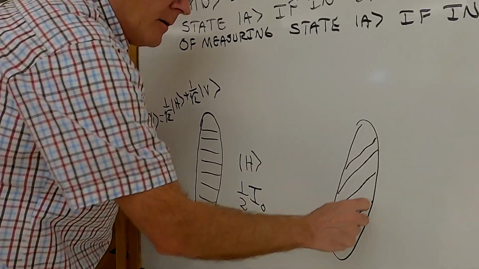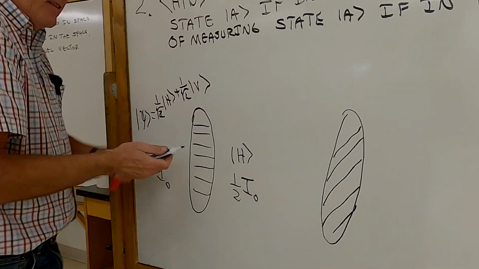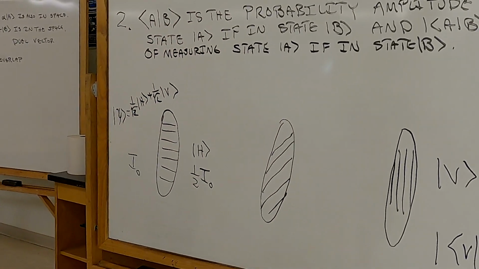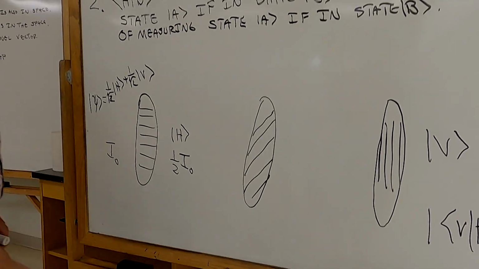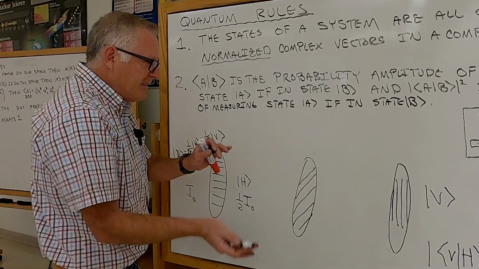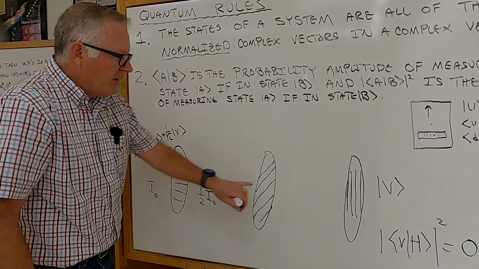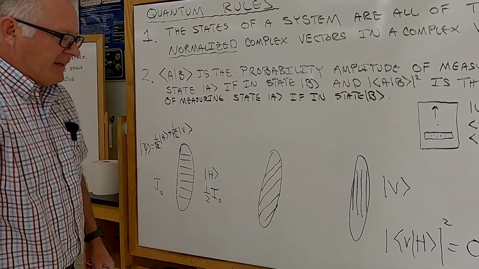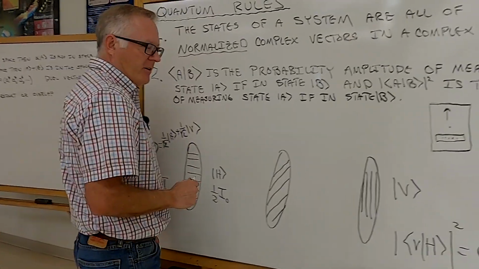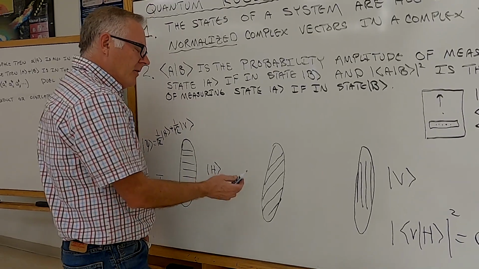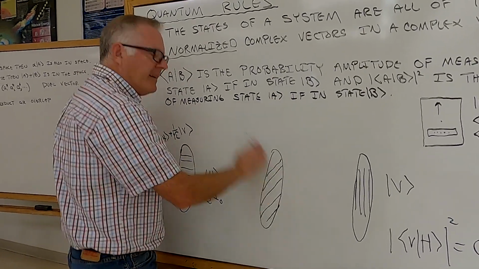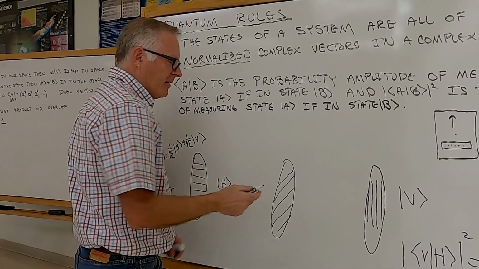So these were horizontal, this was vertical, and this one is rotated up by 45 degrees. Now when we run it through here, that's like our sensor being rotated. So we have different basis vectors for this. They won't be horizontal and vertical. I guess I'll call them diagonal right and diagonal left.